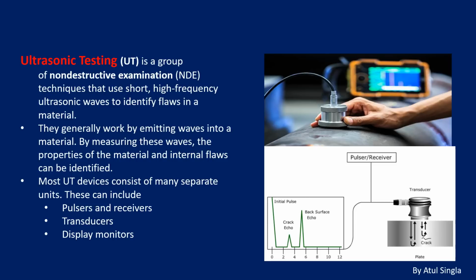Most UT devices consist of many separate units. These can include pulsers and receivers, right? Transducers, then a display screen, a display monitor. So this is how we are transmitting these waves inside the material, so that we can identify the defects inside the material.